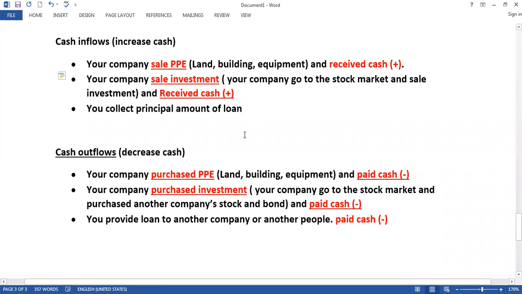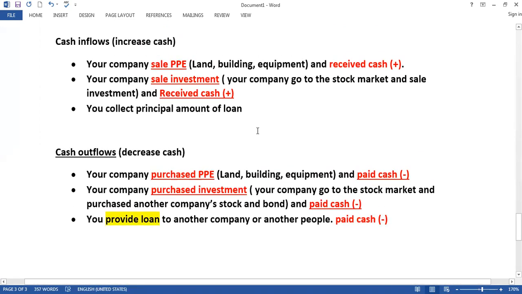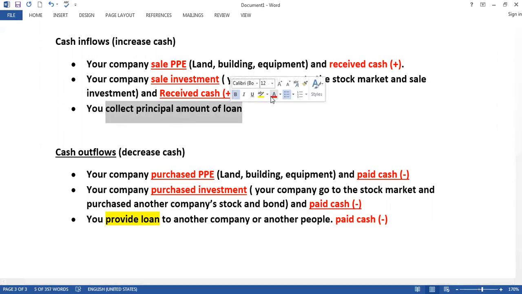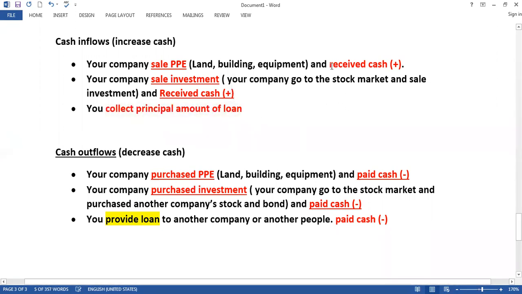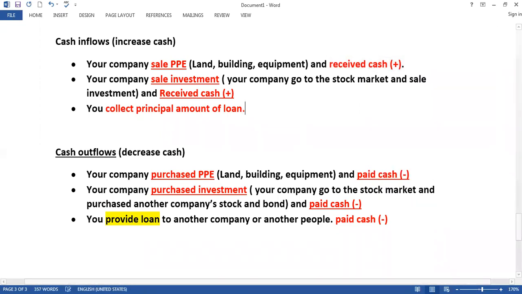So you provide me loan, and you give me cash. Few days later, I return back your money. I return back your money means you are collecting the principal amount of loan. You are going to collect the principal amount of loan and you receive cash.